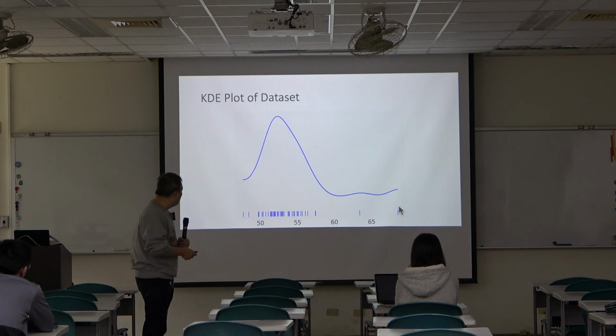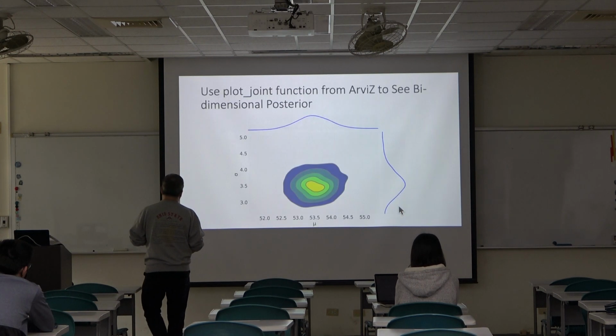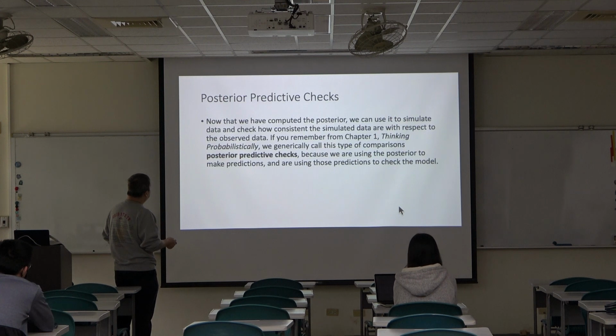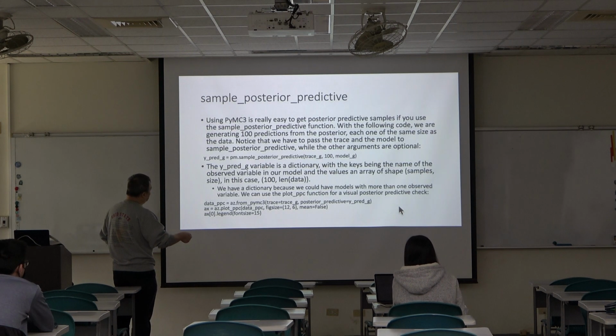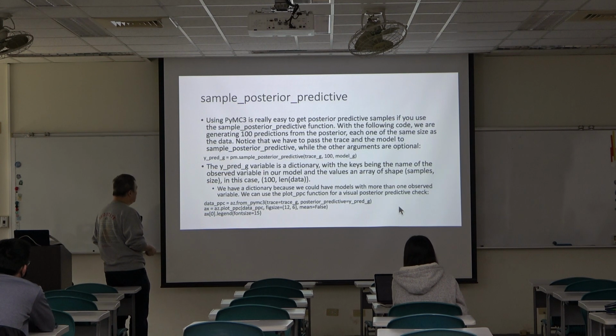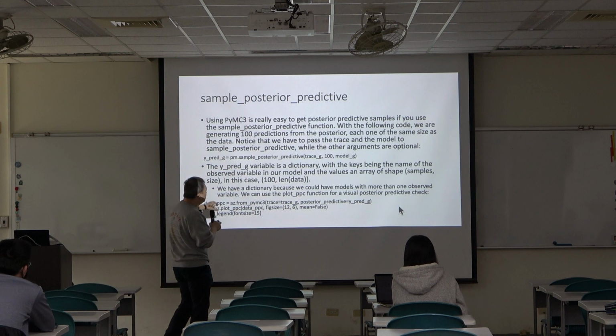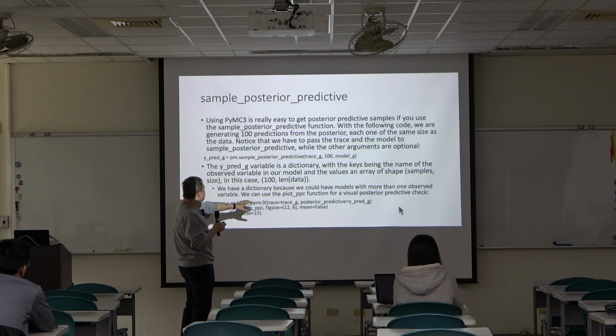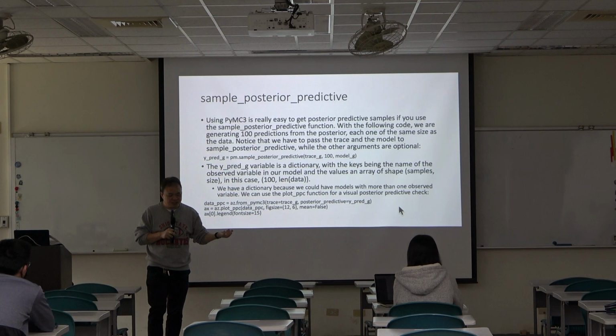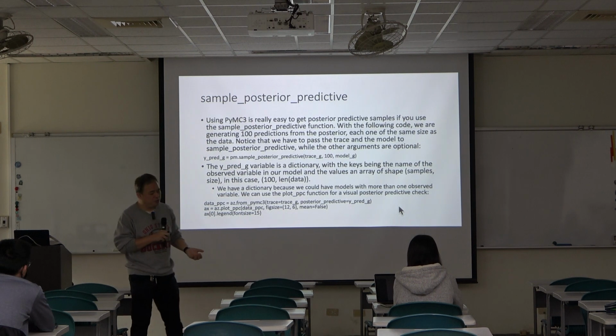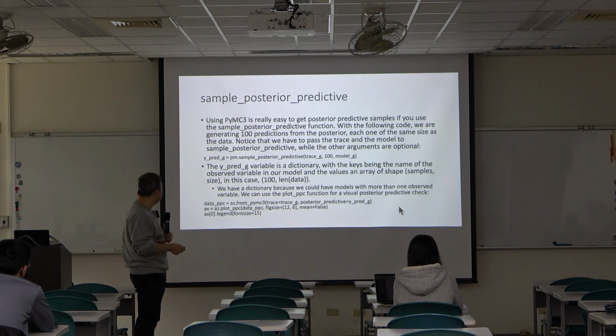So that is why, in this posterior predictive check, the function generates this dictionary type of variable, which is able to accommodate the problem you are dealing with if it happens to be multidimensional. Then we can use the plot PPC function for visual posterior predictive check.